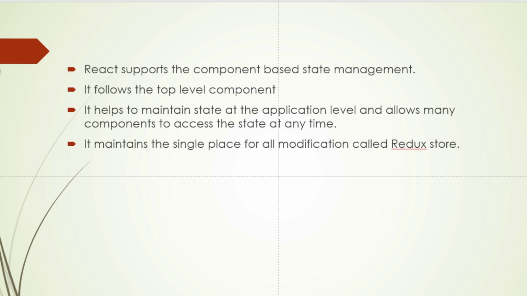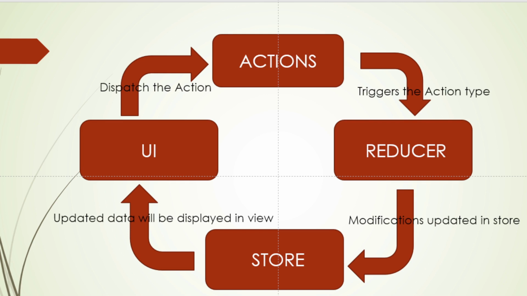So it maintains a single place for all modifications, modified data or deletion, whatever happens will be stored in the store. So in the single place we can retrieve it everywhere in the components. So this is the architecture.